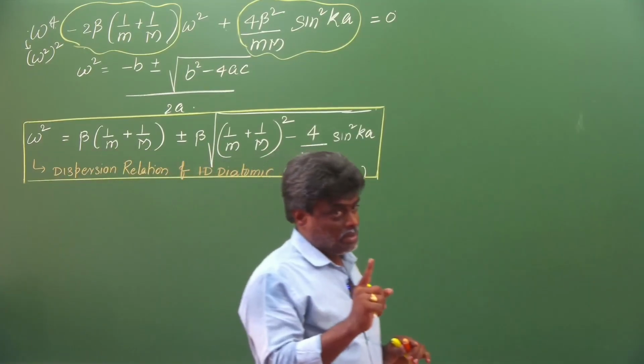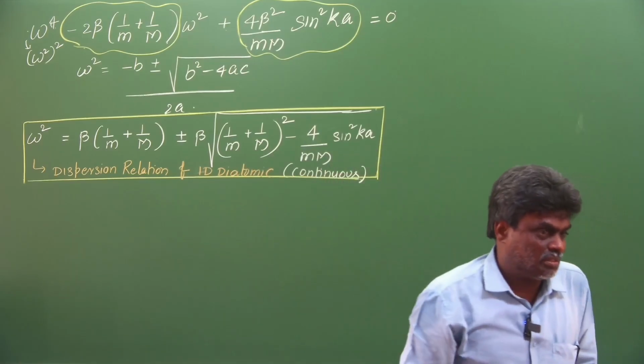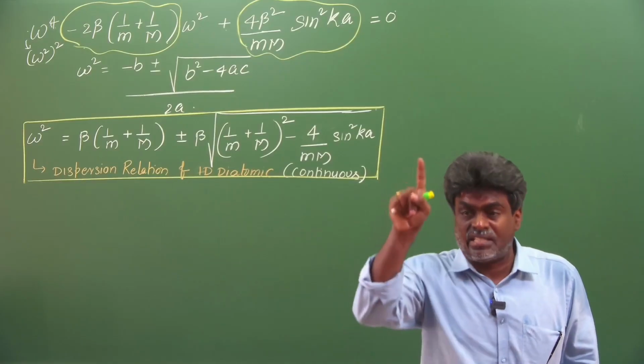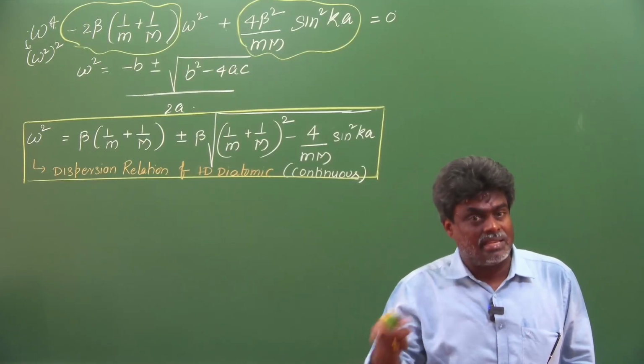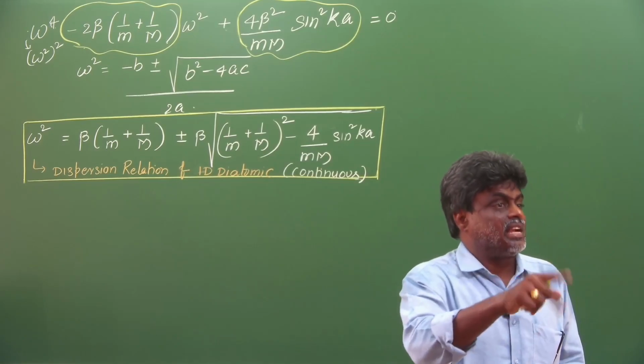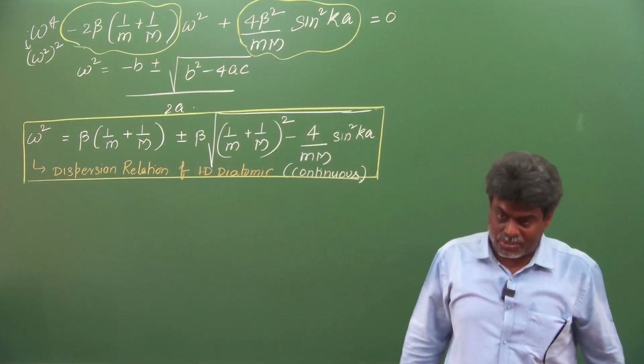For every problem, first you have to check the first approximation. Theta is very small, then sin theta is 0, then cos theta is 1. Second approximation, sin theta is nearly equal to theta, then cos theta is 1 minus theta square by 2.